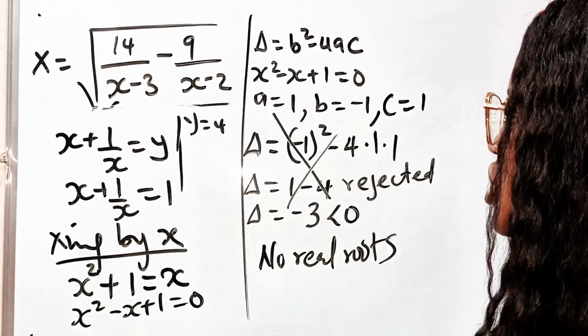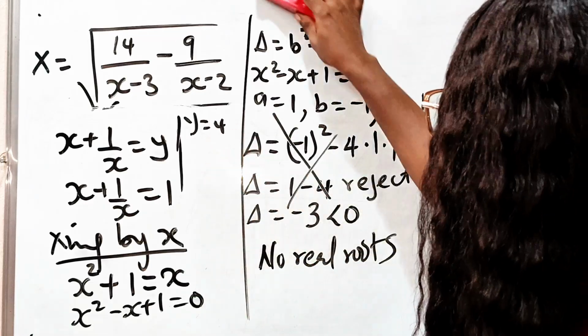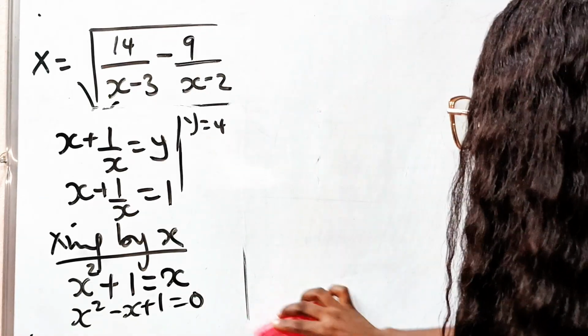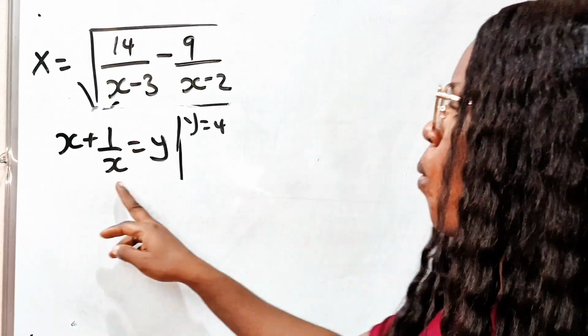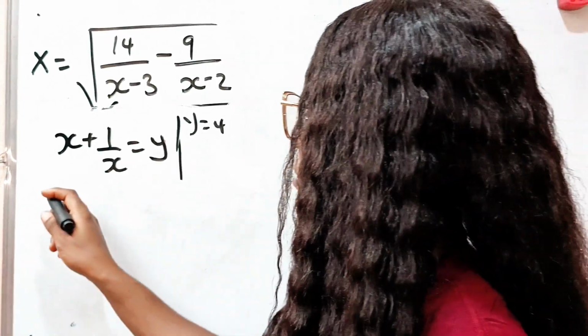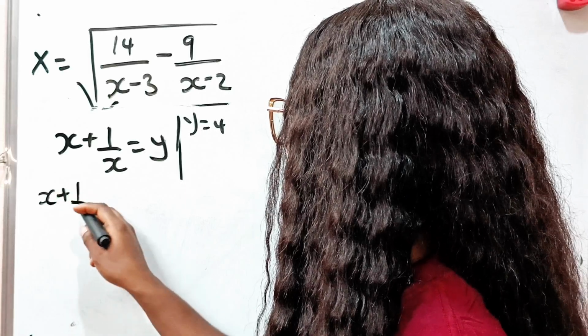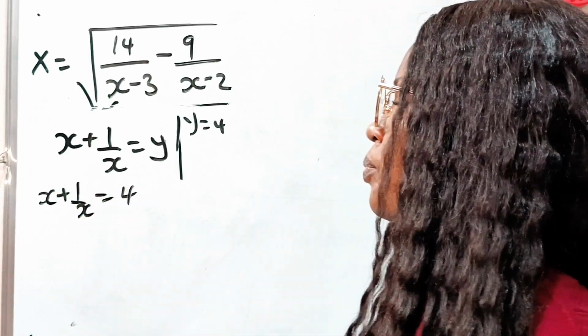Okay. Now let us check when y is equal to 4. When y is equal to 4, we have x + 1/x = 4.